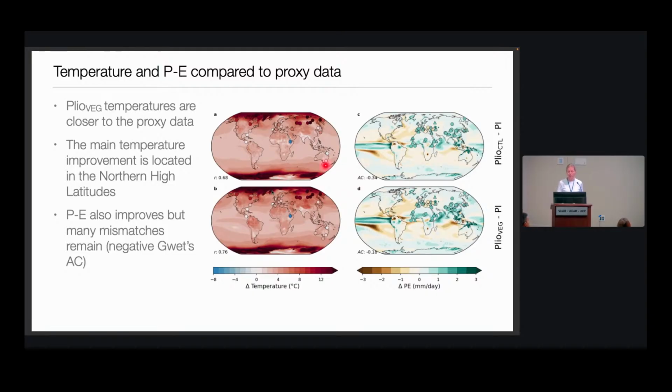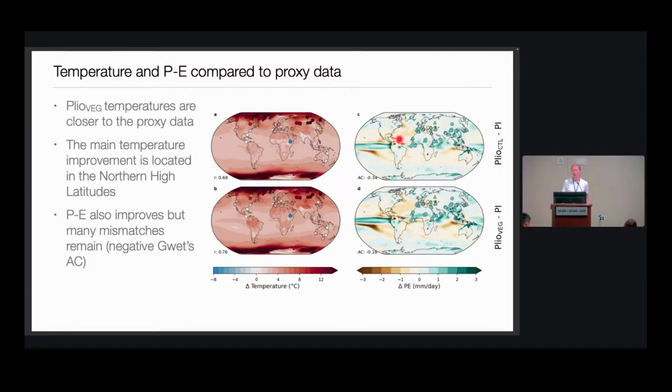For precipitation, I didn't calculate the R² because we just have either more wet or more dry, and actually most of the proxy data says it gets wetter. So in this figure, all of the triangles are a warning signal, and this is where they do not agree. And you can see that in a lot of places they don't agree. So when we calculate the GWET's AC, it actually is negative, which shows that we are not very close to the proxy data.